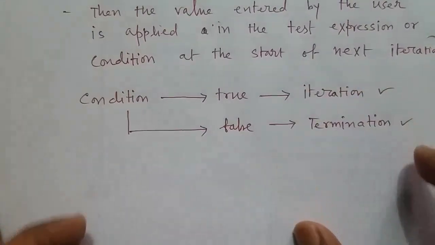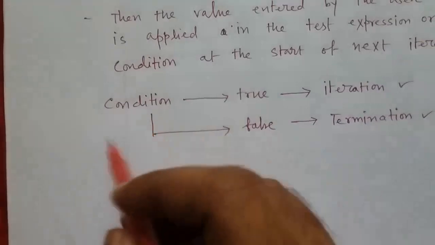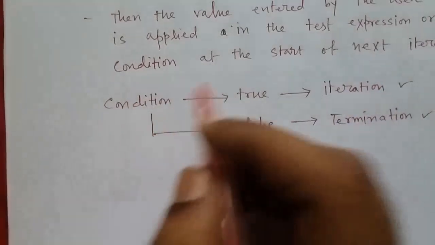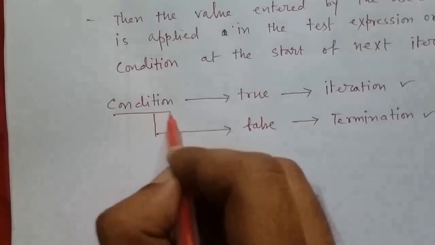So the number of iteration going to take place in this type of loop depends upon the condition.